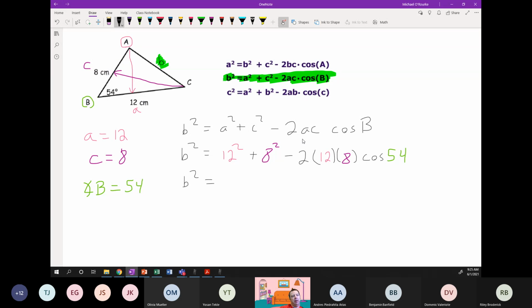Now, when you do this calculation, unless you have a really sweet calculator, and I'll do it multiple ways, here's how I'd recommend doing it.